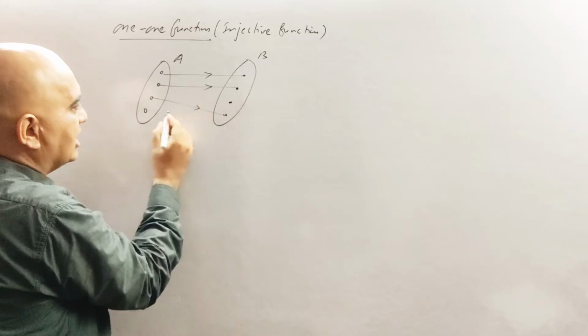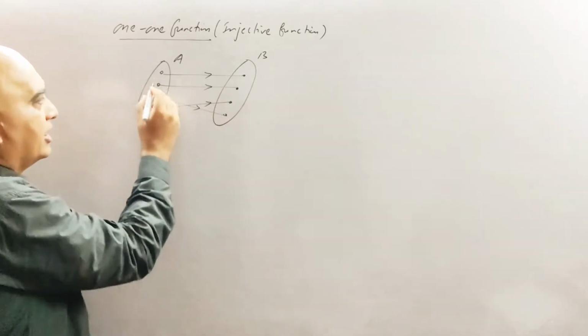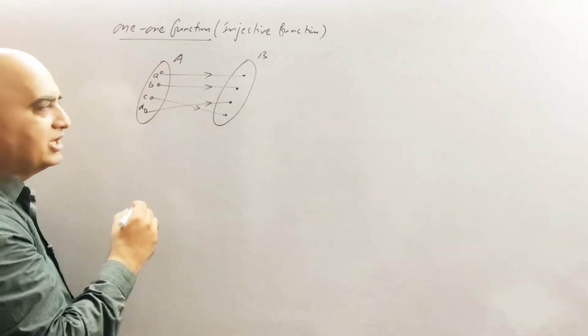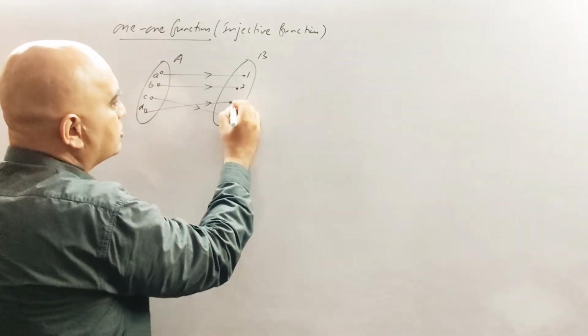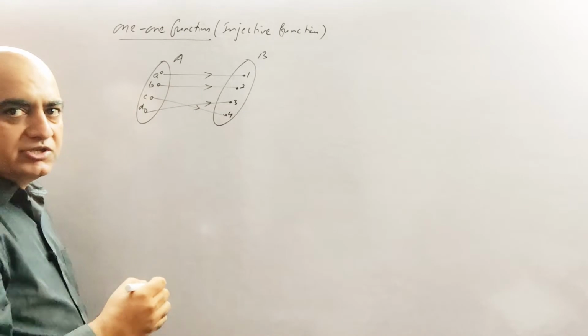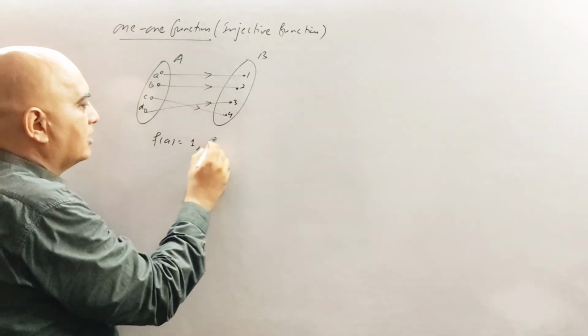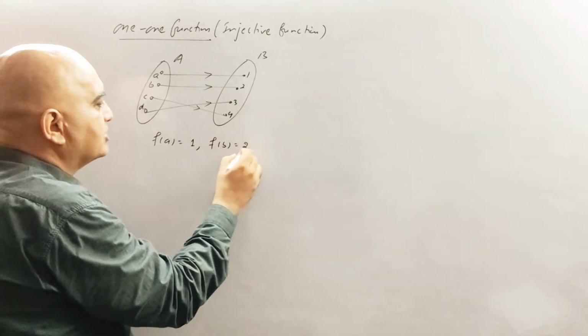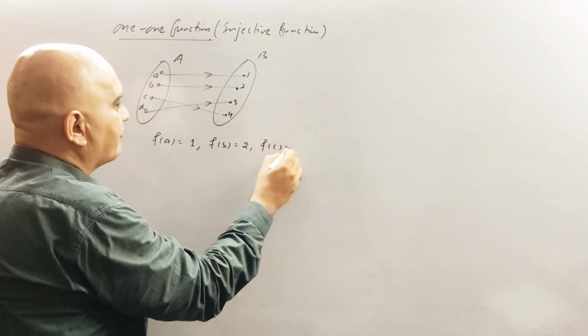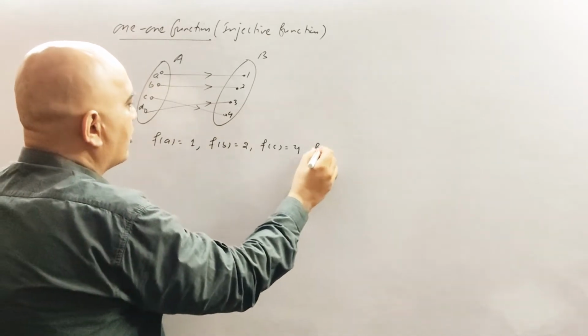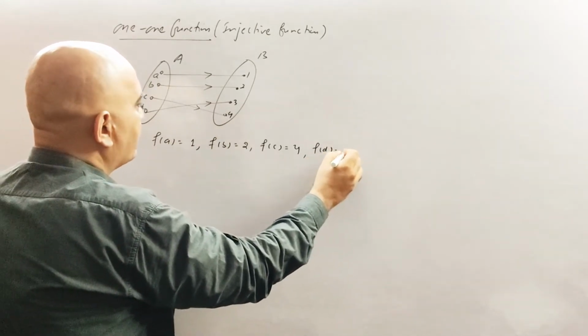Suppose these elements are connected with each other, and here we have four elements a, b, c, d as the domain elements, and 1, 2, 3, 4 as the range. So we can say the value of f(a) is 1, f(b) is 2, f(c) is 3 because c is connected with 3, and f(d) is 4.